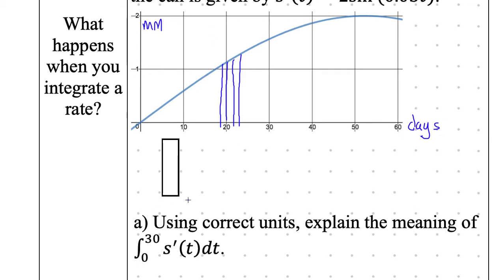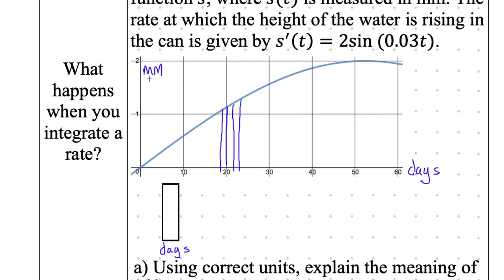we know that the bottom has units of days, so we'll write down days down here. And we have to be careful. This is actually not millimeters, is it? Because this is a function not of height, but of rate. Yeah, it's actually millimeters per day for this graph.